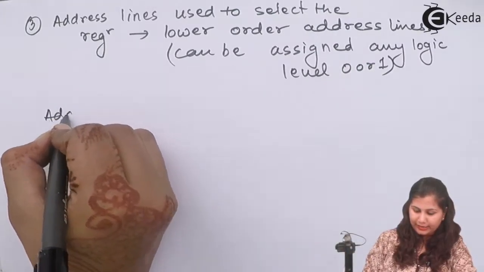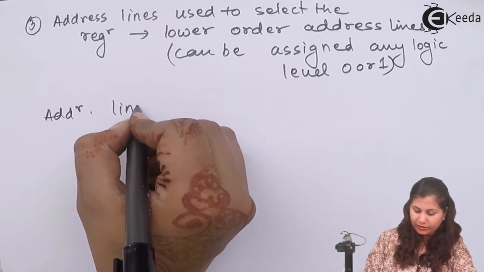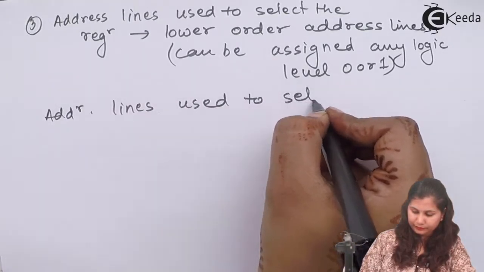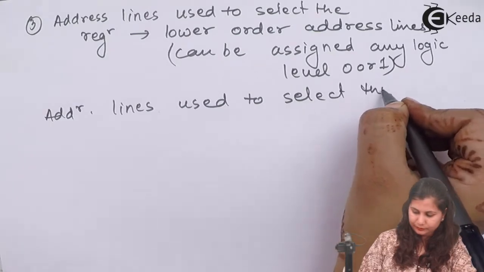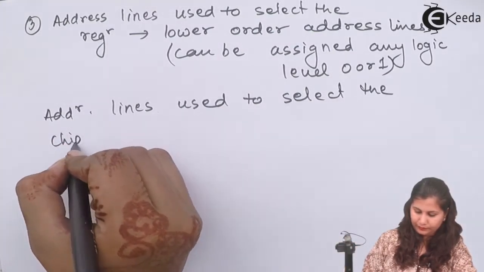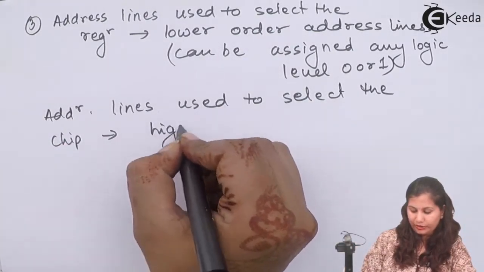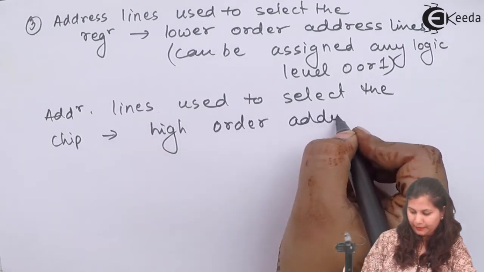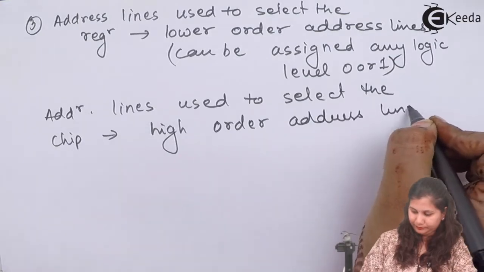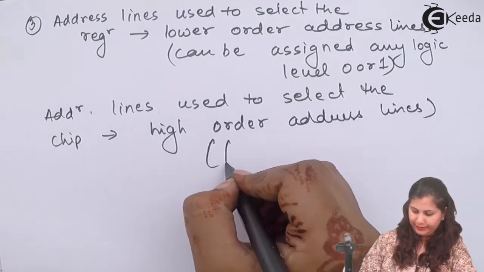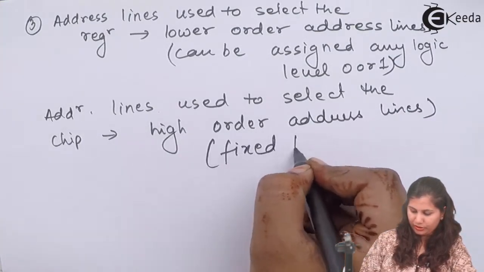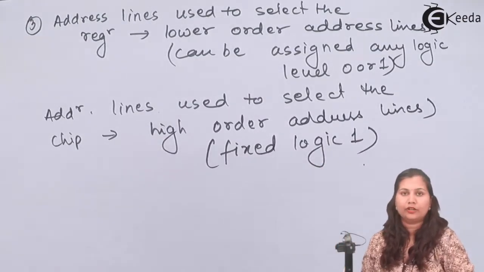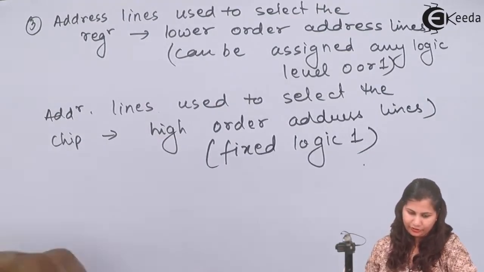And the address lines which are used to select the chip are the higher order address lines, and they are at fixed logic levels for that given address range.